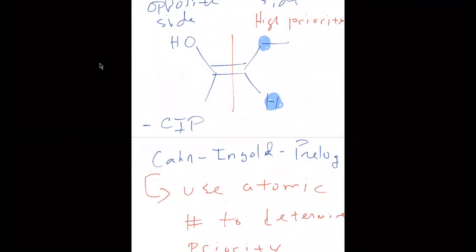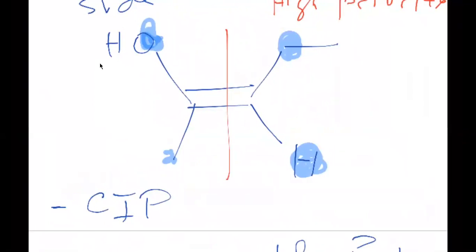On the left side, the atom that's attached to the double bond is an oxygen here, and then a carbon here. Sorry about that. Let me get my life together. So you've got an oxygen here, and you've got a carbon here. Oxygen has an atomic number of 16, and carbon 12, well, atomic mass, right?